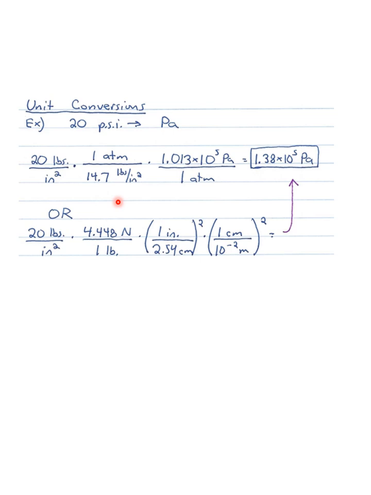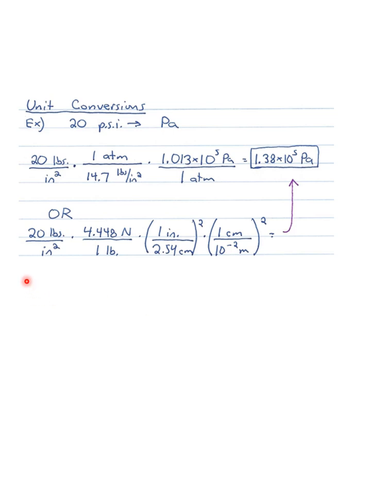So let's do that. The pounds will divide away, the inches squared will divide away. We're left with atmospheres. Then I want to get atmospheres to pascals, and here we have 1.013 times 10 to the 5th pascals divided by 1 atmosphere, and you would get 1.38 times 10 to the 5th pascals.